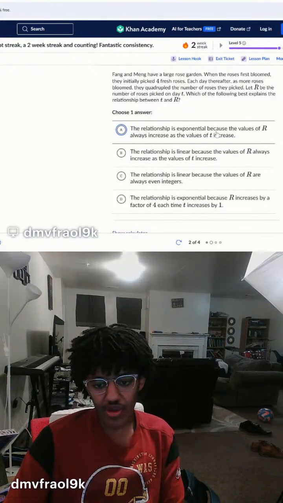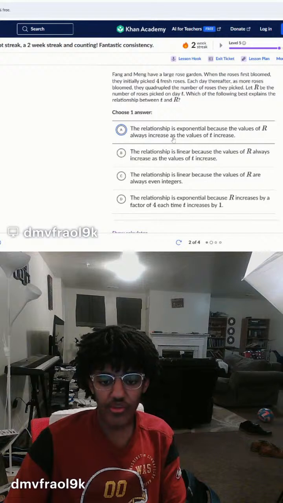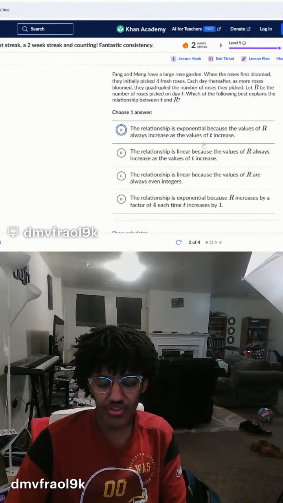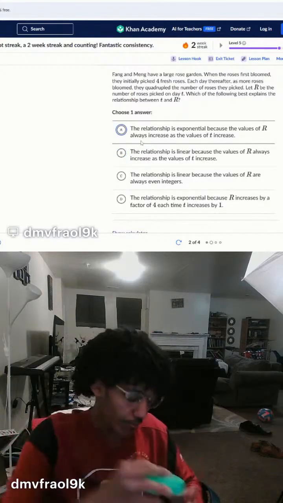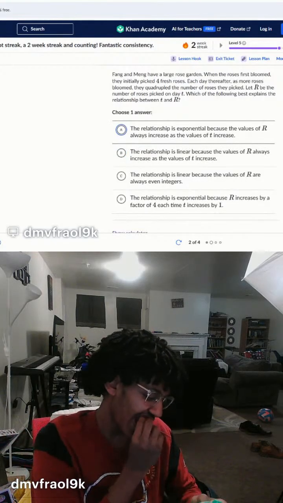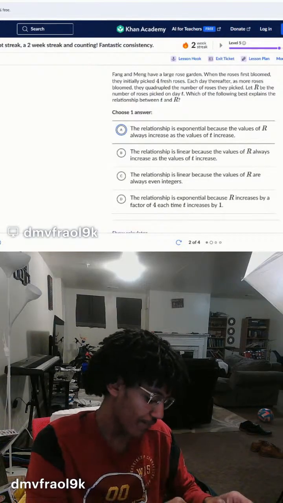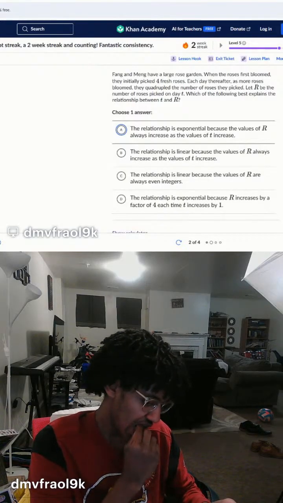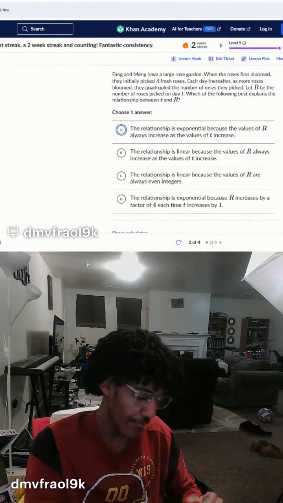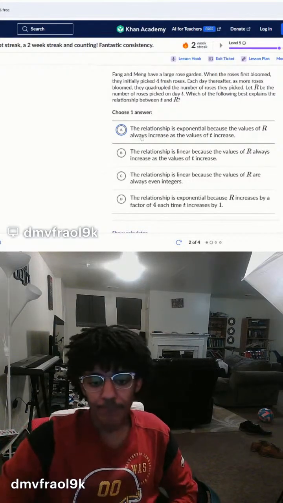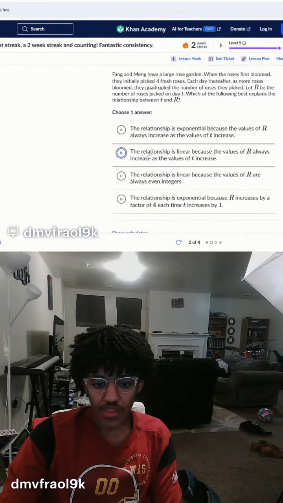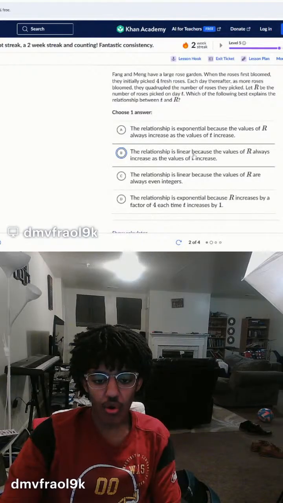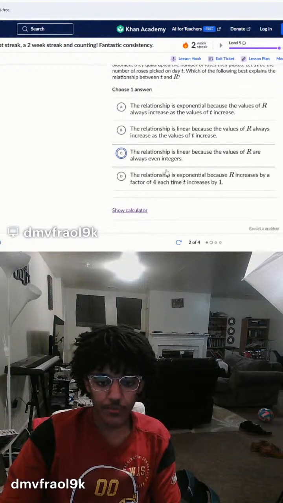The relationship is exponential because the value of R always increases as the value of T increases. The relationship is linear because the value of R always increases as the value of T increases.